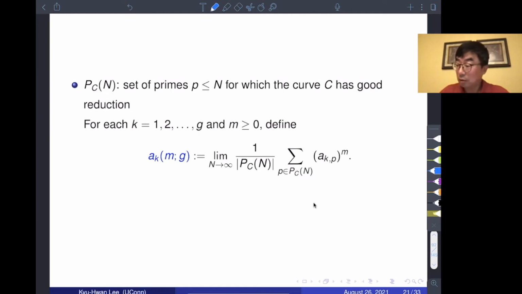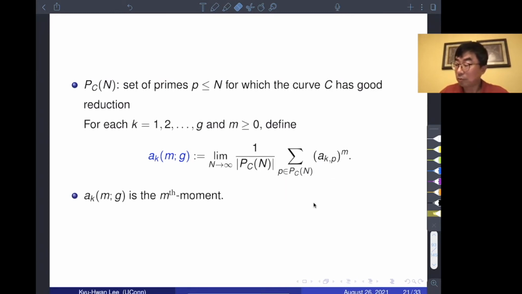Then we take the summation of these powers, divide it by the number of primes, and take the limit. If m is 1, of course, this is the average. If m is 2, then it's the second moment. So we are calculating the mth moment so that we may see the distribution.